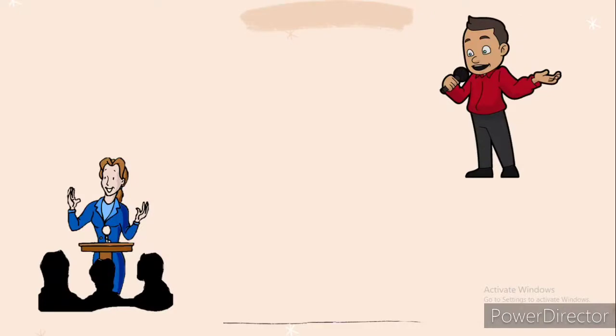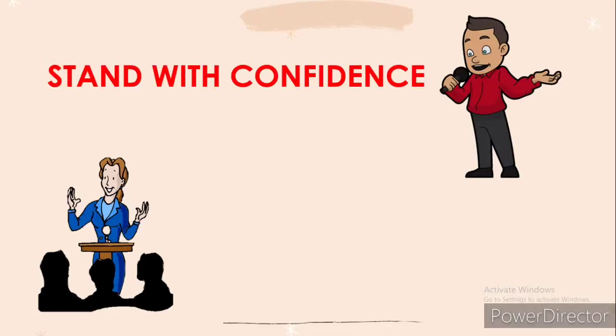Let me share some examples of body postures and gestures that influence how your listeners understand your message when you are speaking. First, stand with confidence. To prevent swaying and rocking while speaking in front of others, spread your feet about 6 to 8 inches parallel to each other to achieve a comfortable speaking position.